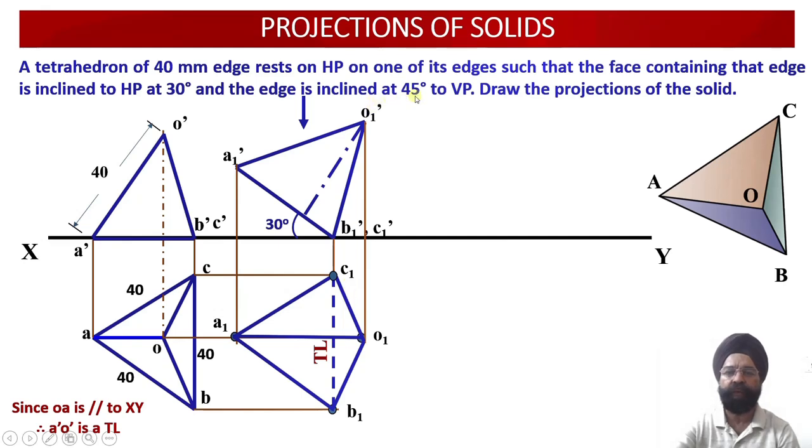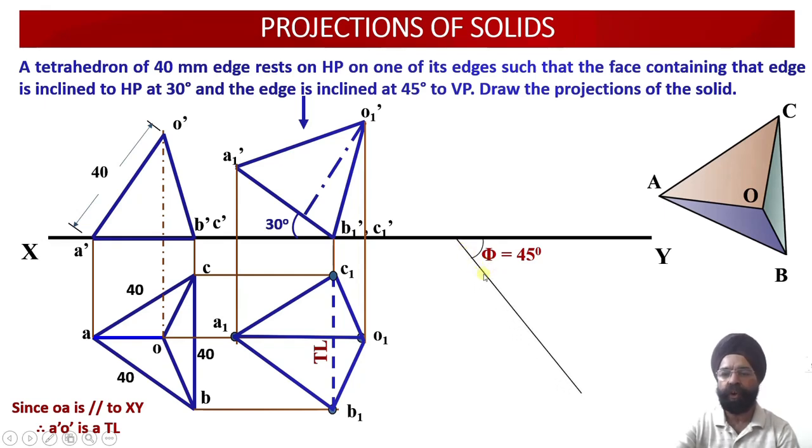This angle of 45 degree, which corresponds to the inclination of the true length of the edge B1C1, will be called angle phi. So please see, angle phi is the angle of inclination of the true length with respect to VP. That is why we have called this angle phi.